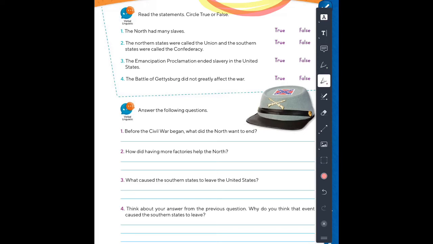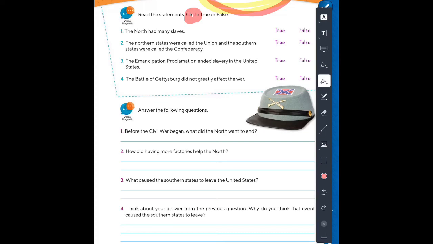Now, read the statements, circle, not underline. Circle, please. Circle true or false. Number 1, the North had many slaves. I don't know, true or false. Number 2, the northern states were called the Union and the southern states were called the Confederacy.